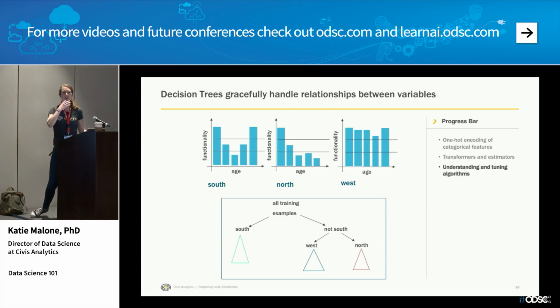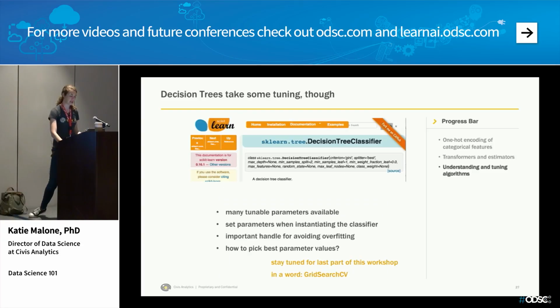Yes. So the question was, does scikit-learn allow you to specify what we would call hyperparameters of the model? In this case, it might be something like how deep is the model or how wide do we allow the model to be. That was my next slide. So good timing. For decision trees, arguably it's a weakness and a strength: there are many tunable parameters available to you.